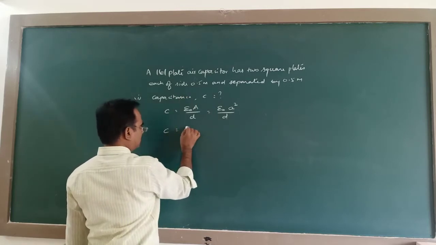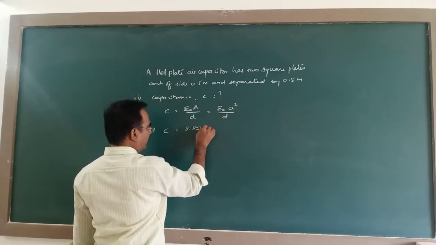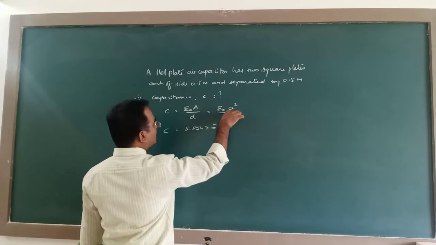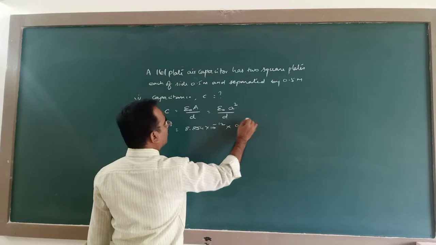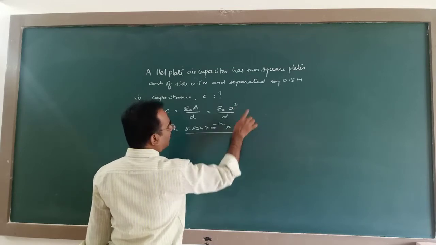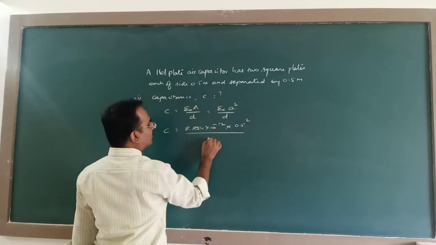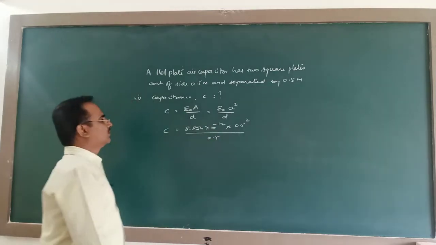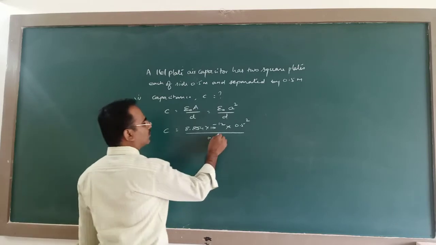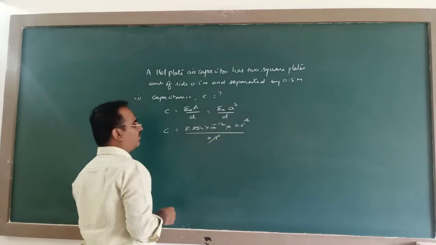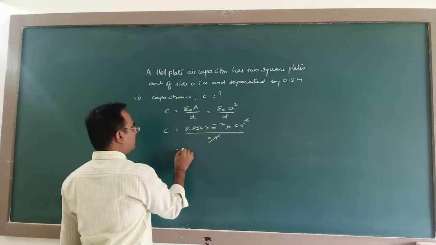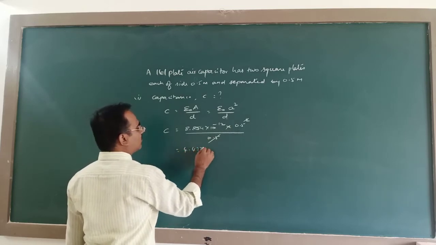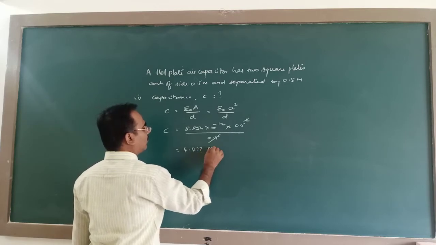So this is 8.854 into 10 to the power of minus 12, and this A is 0.5 square divided by D, separation between the plates, 0.5 mm. So now you calculate this capacitance. Here this 0.5 means half, so it becomes 4.427 picofarad.